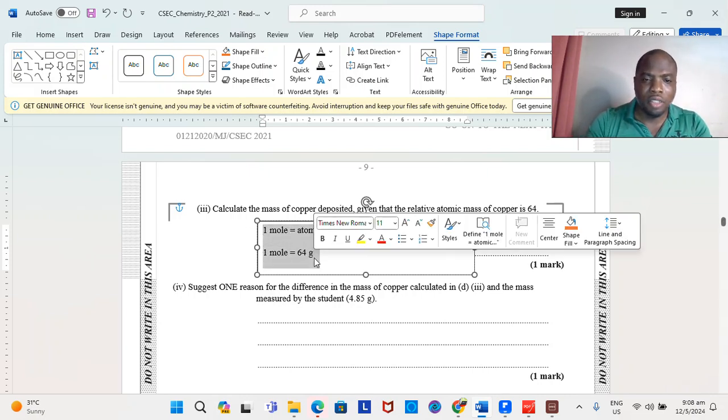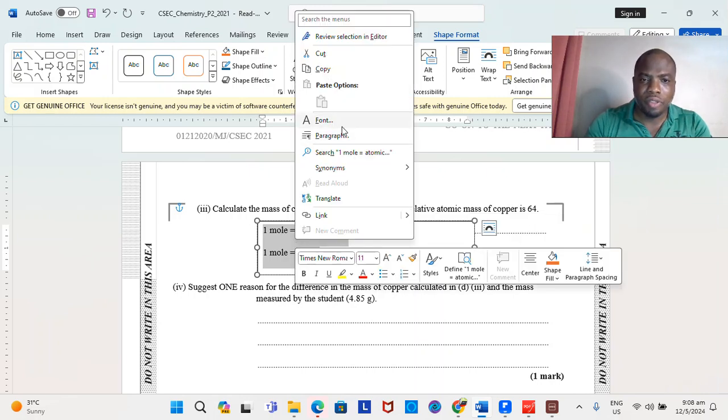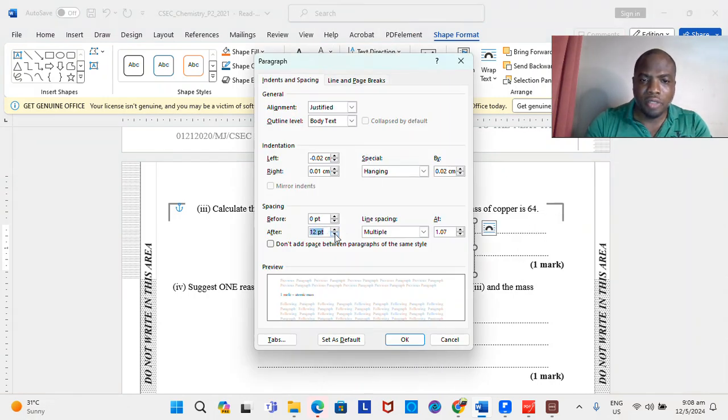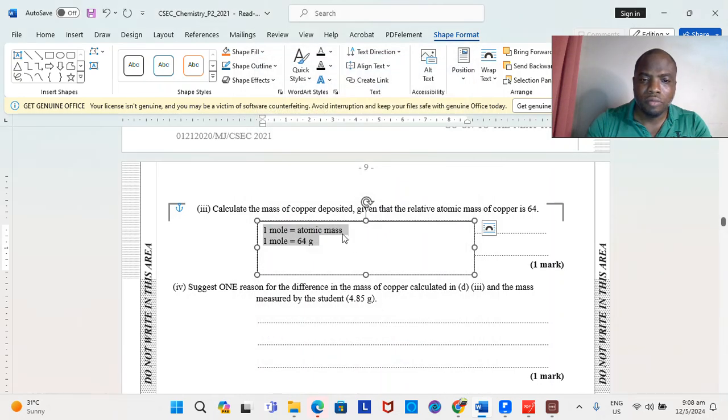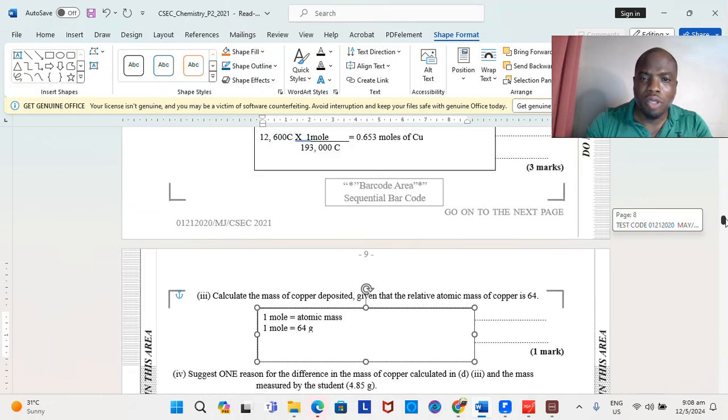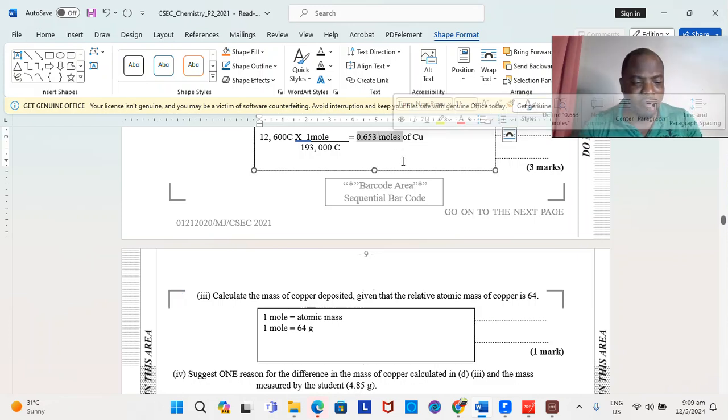Let me see if I can reduce the spacing again. And because of this, we go back to the question that we just completed. We know we don't have a mole. We have 0.653.